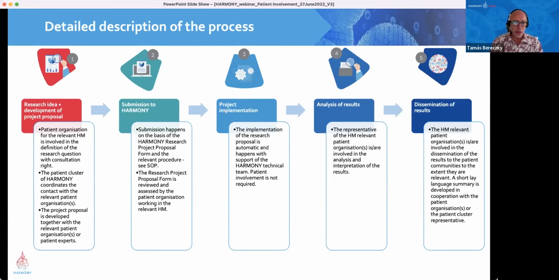And we also argue that the project proposal should be developed together with the relevant patient organizations and the patient experts coming from these patient organizations within the patient cluster.